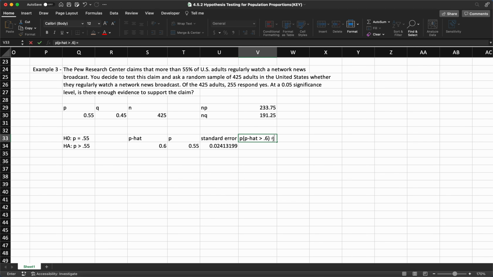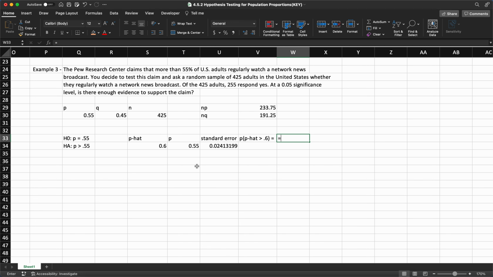Did this value come from regular statistical variation, or is getting a sample of 0.6 so impossible that I have to say that I don't think 55% is the number? I think it's more than that. So that's what we're asking ourselves here.